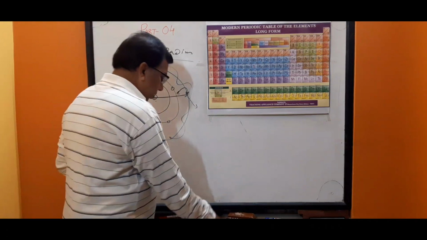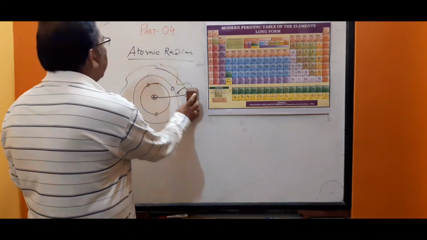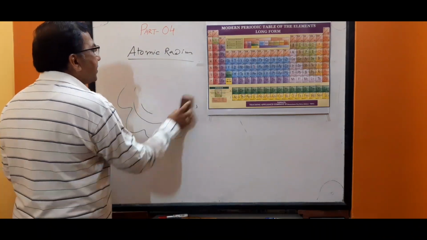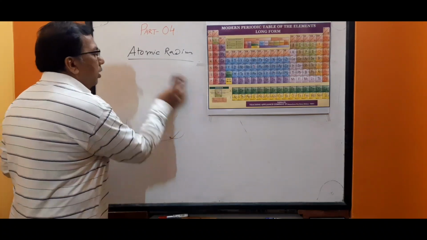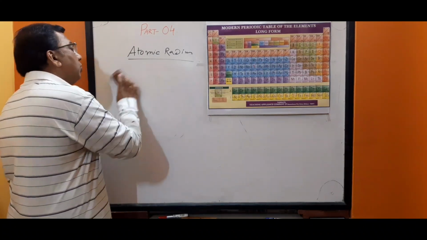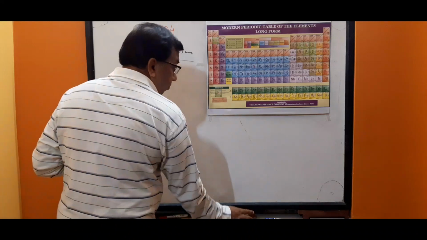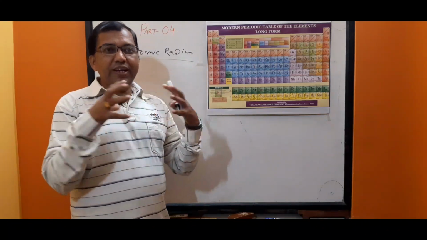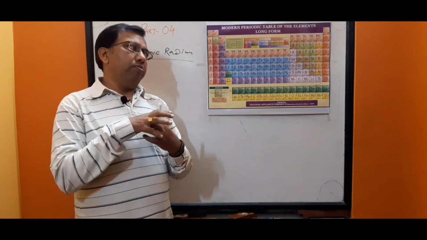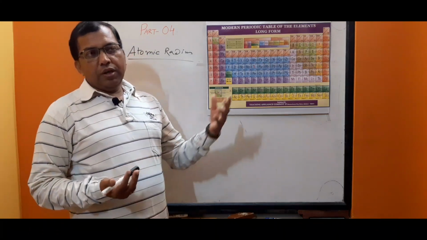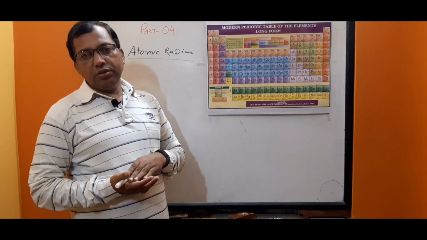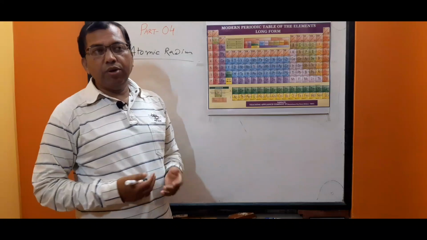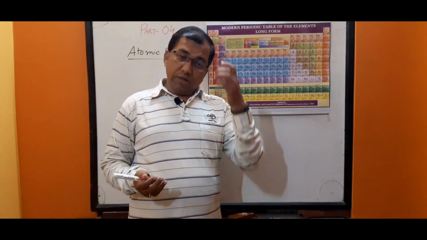So next, in the atomic radius, what we have to discuss is the atom in a bonded state, not in a free state, in a bonding state, that is, bond formation. The bonds we know are covalent bond, ionic bond, that is the electrovalent bond, metallic bond, van der Waals. So many bonds are there.